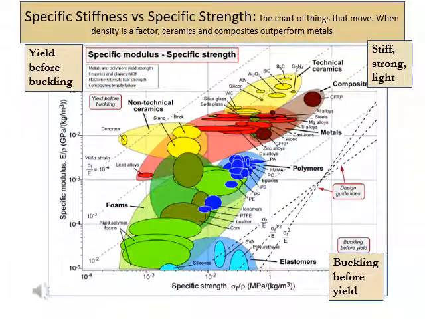Next is the specific stiffness versus specific strength. The specific stiffness is the Young's modulus divided by the density of the material, while the specific strength is strength divided by density. Using this chart you can determine which materials are strong, stiff, and lightweight.